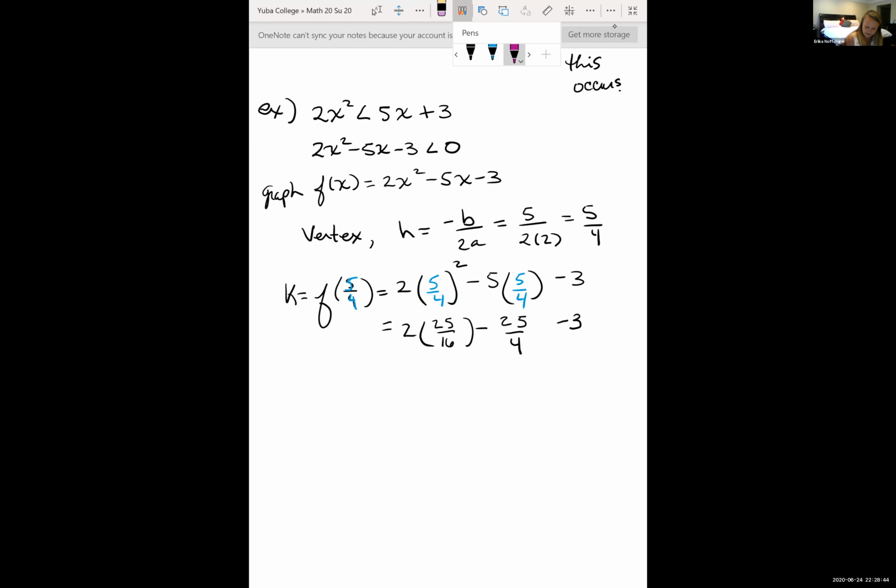The 2 times 25/16, that 2 simplifies with the 16 in the denominator and makes it an 8. So I'm noticing that my LCD of 25/8, 25/4, and negative 3 is 8. So let's get a common denominator of 8. I need to multiply 25/4 by 2 over 2, and I need to multiply negative 3 by 8 over 8.